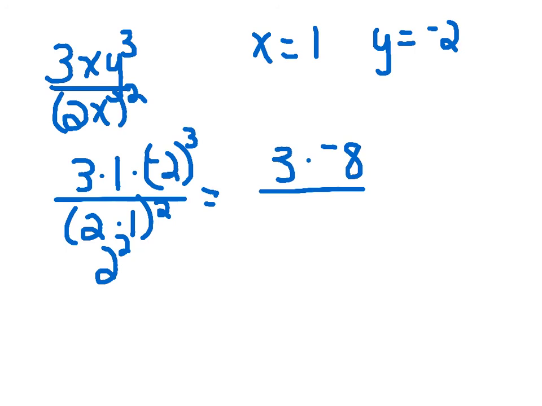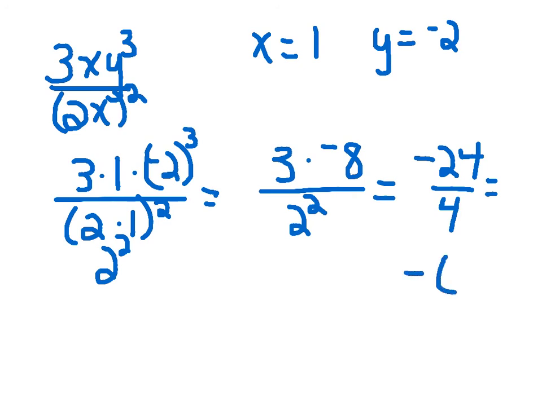So that gives me -24 divided by 4. And when I have a negative number divided by a positive, it is negative. So the answer is -6. We'll be going into much more detail all about exponents and expressions, but that pretty much is what you need to know for tonight.